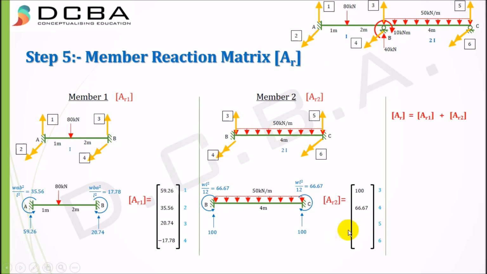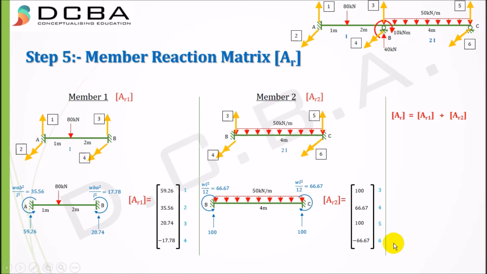Force 5 is again an upward force, which is 100, acting in the same direction as this positive force, therefore it is plus 100. And number 6 is negative because it is a clockwise moment and it does not conform with our positive reference moment, therefore it is minus 66.67.